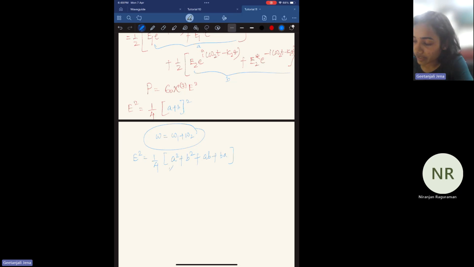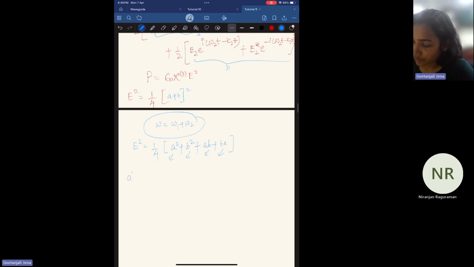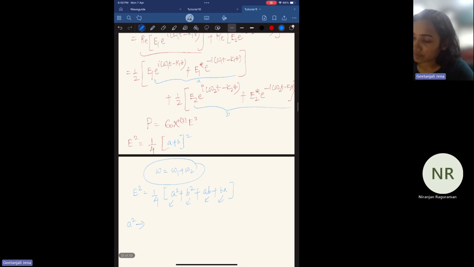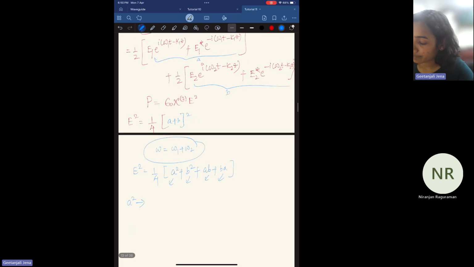So let us see term by term whether this term has some frequency generation or not. For A squared, A is nothing but E1 e to the power i(omega 1 t minus K1 z) plus E1 star e to the power minus i(omega 1 t minus K1 z).